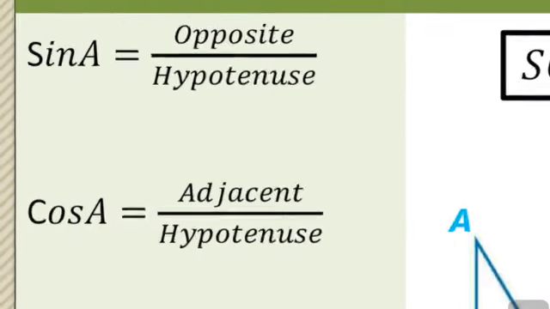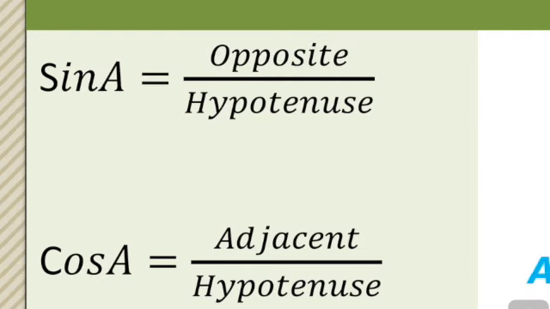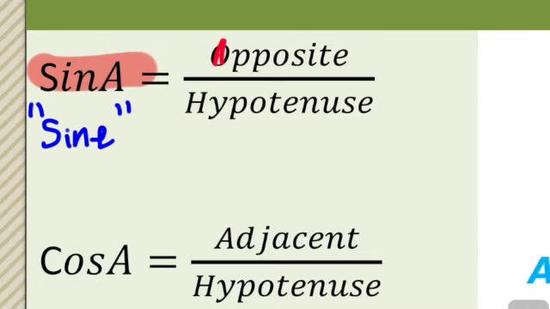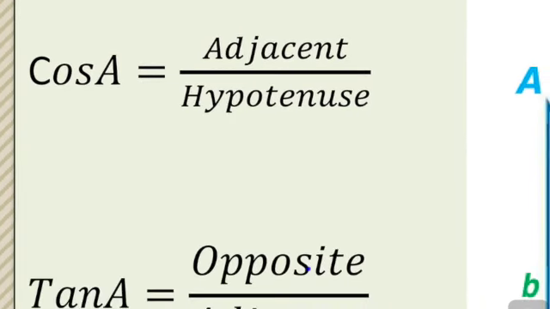We pronounce this one like sine, S-I-N-E. It is made up of the opposite side divided by the hypotenuse.